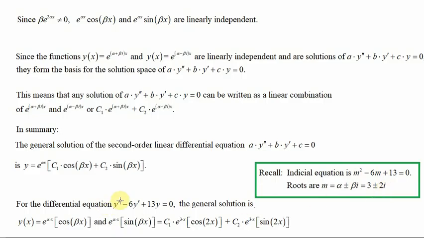And therefore, the general solution will be y equal to some constant c1 times e to the 3x, which is 3 right here, times cosine 2x plus constant c2 times e to the 3x times sine 2x.